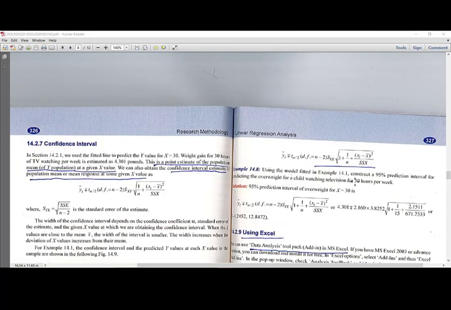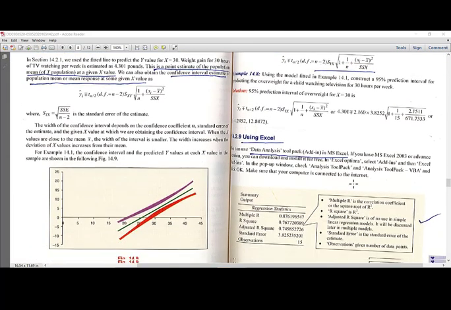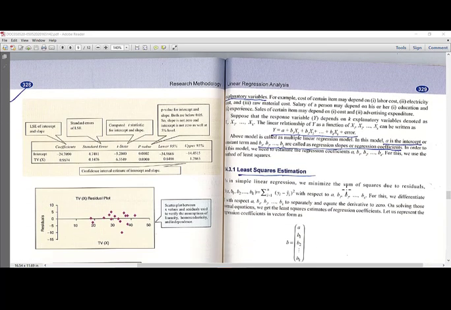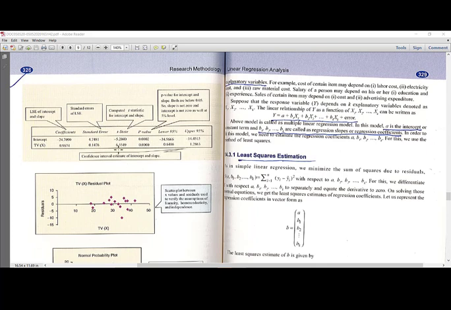Now if we go to this Excel sheet, here you can see the computed t statistics for intercept and slope, 6.554. Then p-values are written here, and the p-values for intercept and slope are both below 0.05.